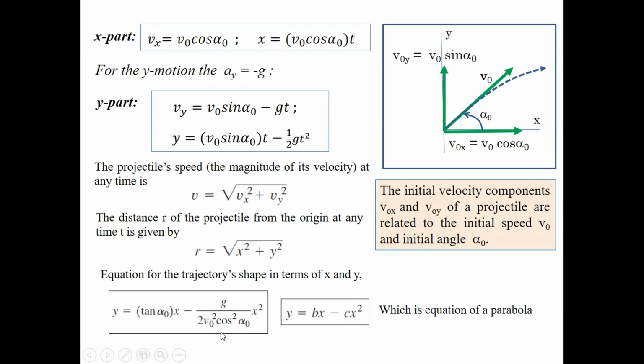G is constant, v naught is constant, alpha naught is constant, and tangent of alpha naught is constant. Therefore, we can safely write it as y equal to b x minus c x square, where b and c are constants. This is the equation of a parabola. So the trajectory, or the path traced by the object, is a parabola.